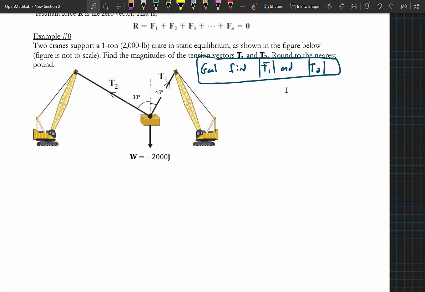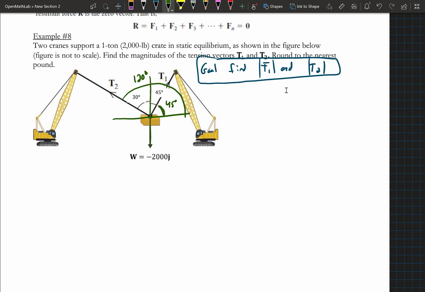So another thing to note is that if I make my x-y axis here, this degree measurement, this theta for T1, is going to be 45 degrees. And then this angle measurement would be 90 plus 30, or 120 degrees. Right?